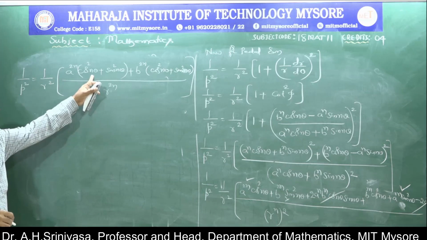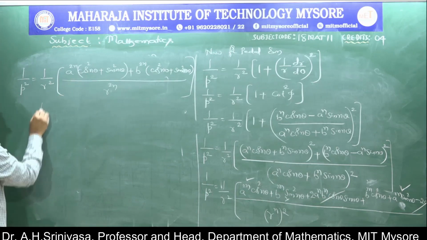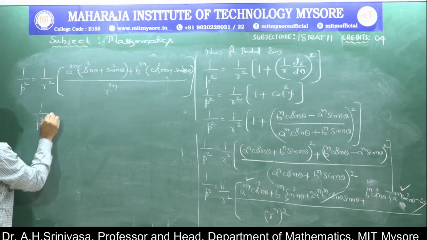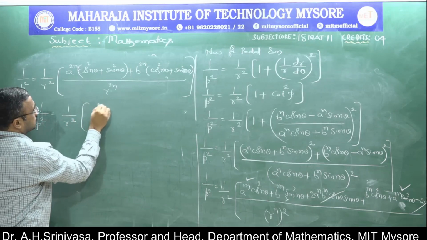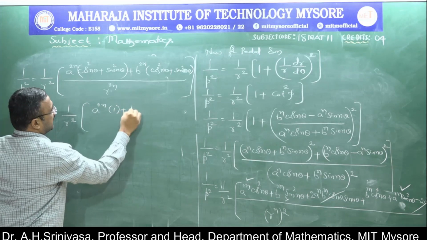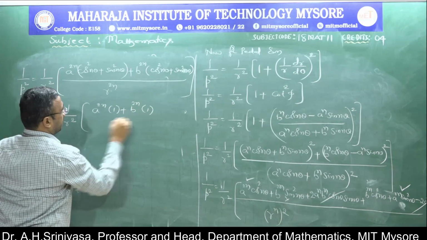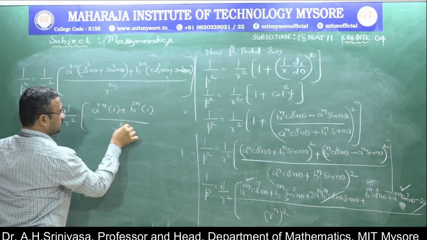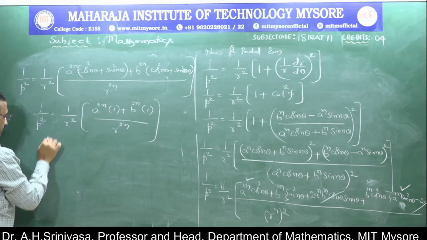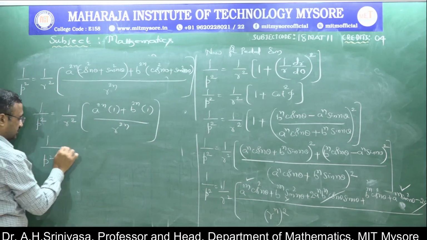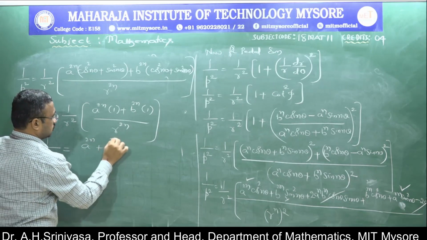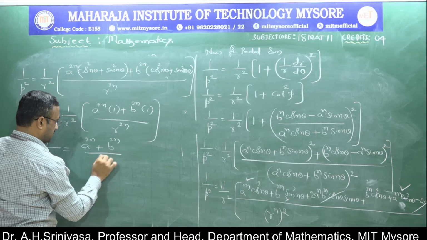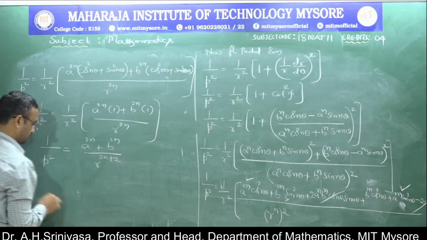We know the result of this one. You put it as 1, by the trigonometric identity. 1 by r square into a power 2n into 1 plus b power 2n into 1, then r power 2n. Then 1 by p square should be equal to a power 2n plus b power 2n divided by r power 2n plus 2.